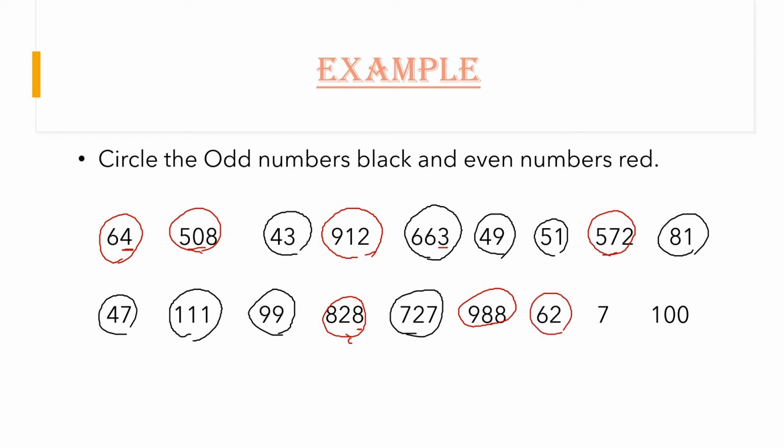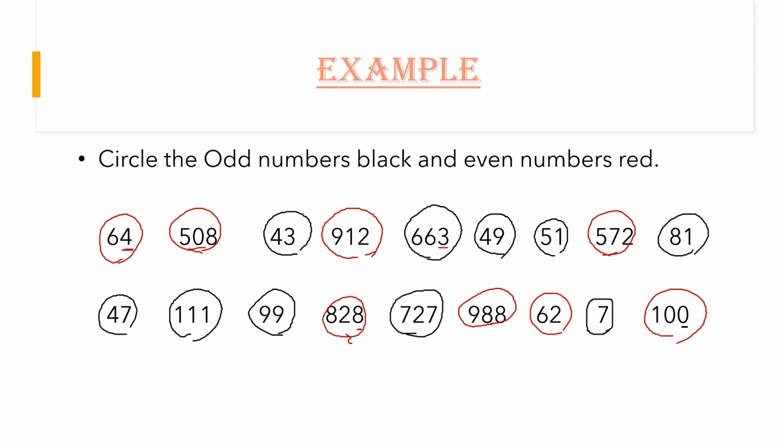7. It's a single digit, but we know that 7 is an odd number because 7 is not divisible by 2 and we cannot divide 7 equally into groups or into pairs. So it is an odd number. 100. Now the last digit is 0, and when the last digit is 0, then it is an even number.